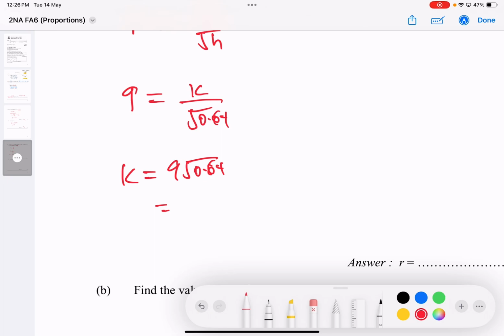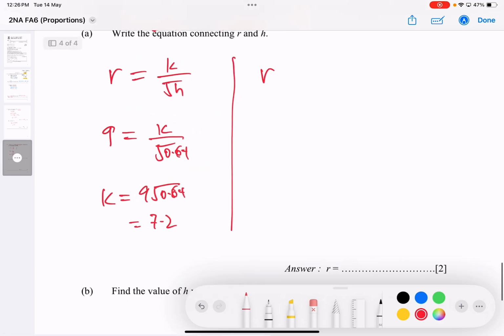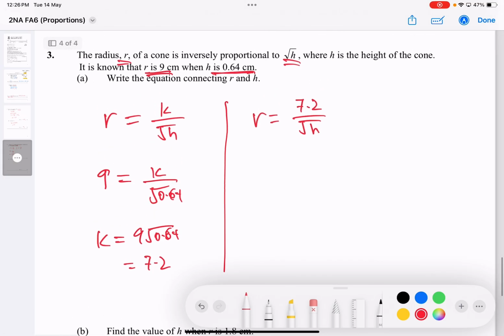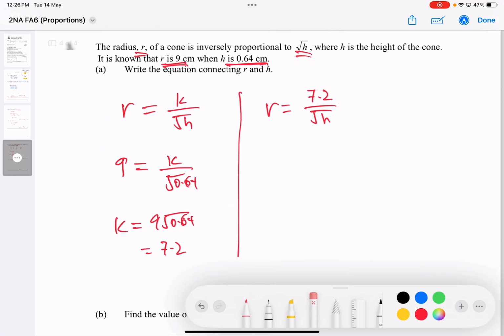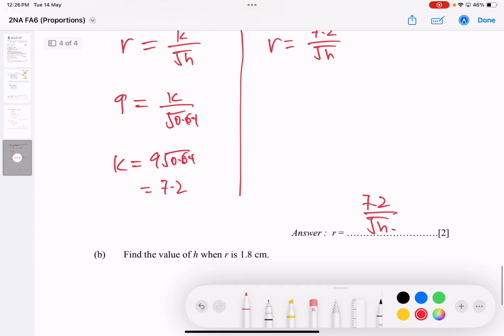Use your calculator. 9 times square root 0.64 is 7.2. So therefore, your equation is R equals 7.2 over square root h. This is the equation connecting R and h. Just leave your answer like this.